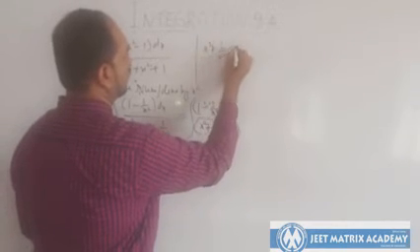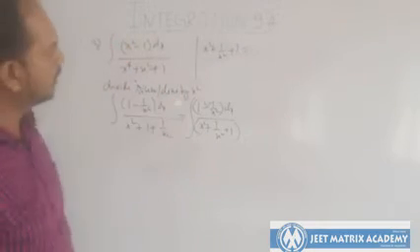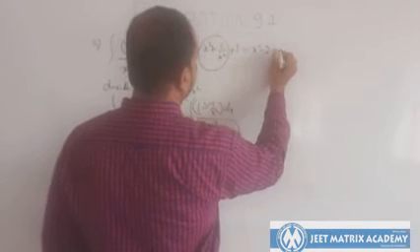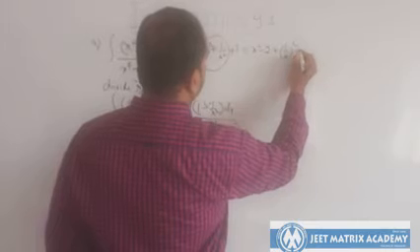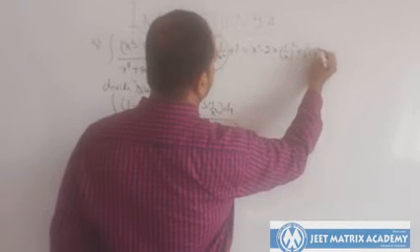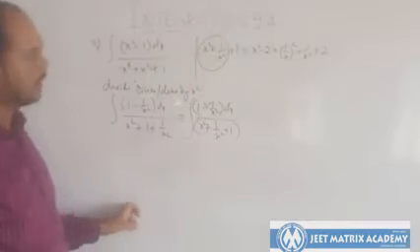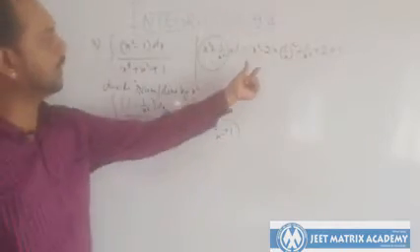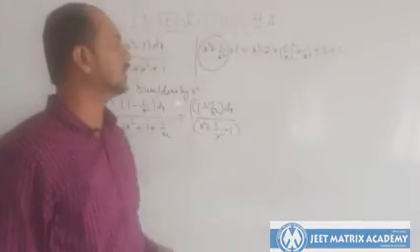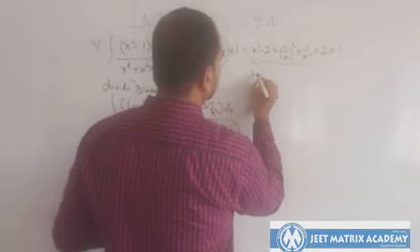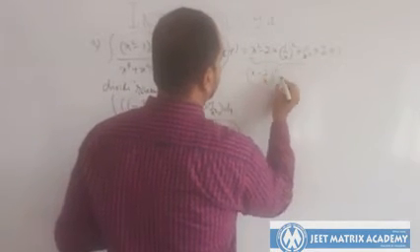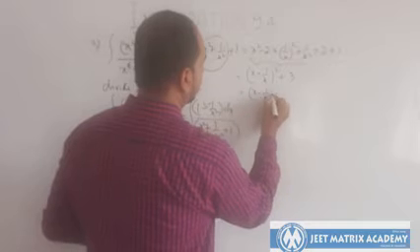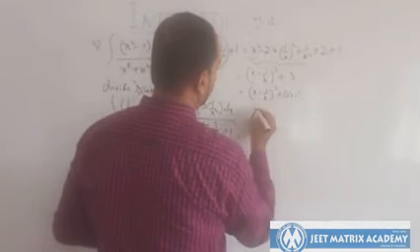What can you write? The first part I can write as x square minus 2 into x into 1 by x plus 1 by x square plus 2. Am I right? And this as it is. I subtracted 2 and added 2. So the first part I can write as (x minus 1 by x) whole square plus 3, or this we could write as (x minus 1 by x) whole square plus root 3 whole square.